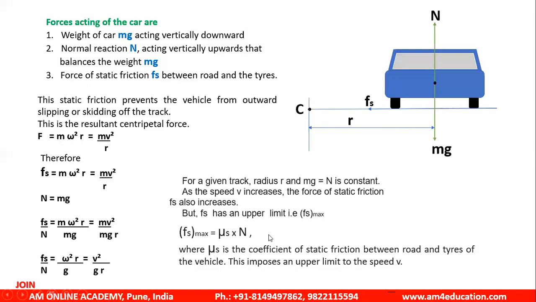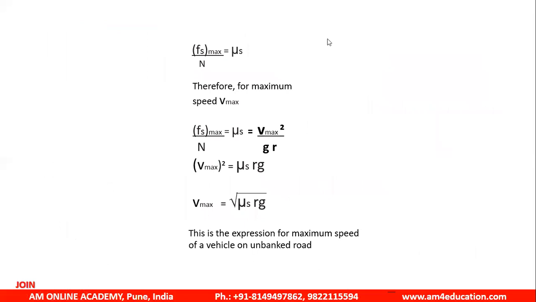Now Fs has certain limits. So Fs maximum is equal to mu s times N, where mu s is the coefficient of static friction between the surface of the road and the tires. Now Fs max upon N is equal to mu s.